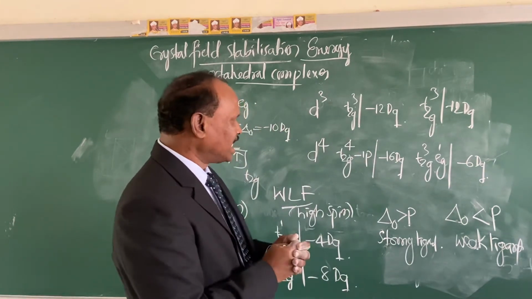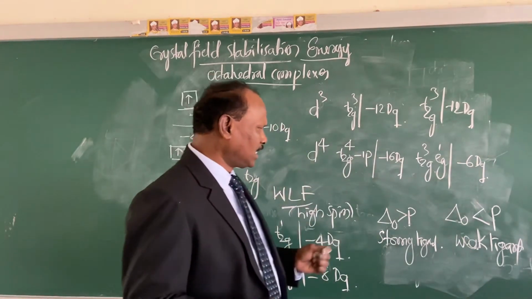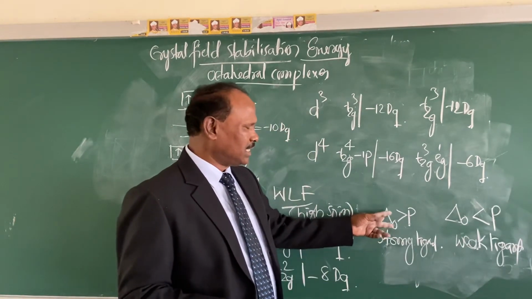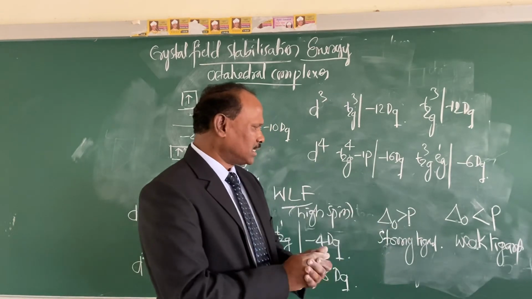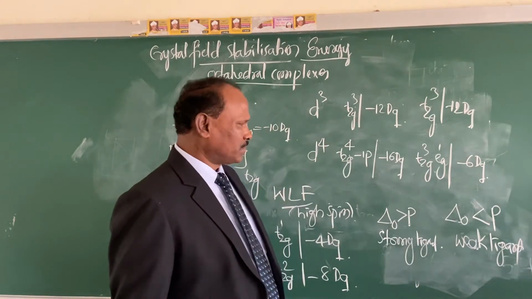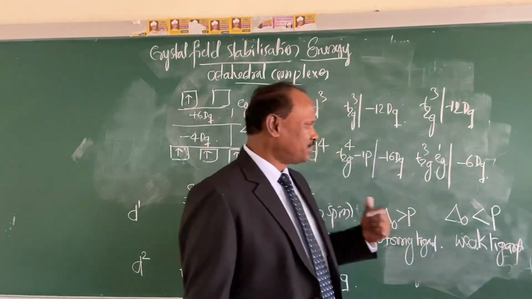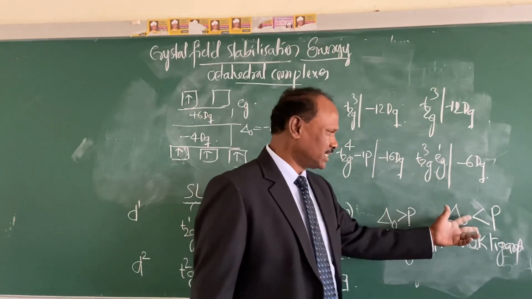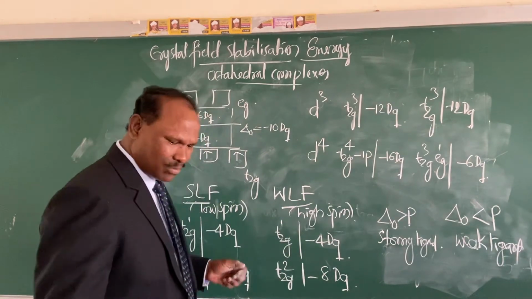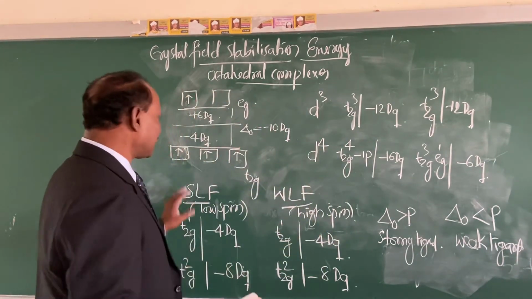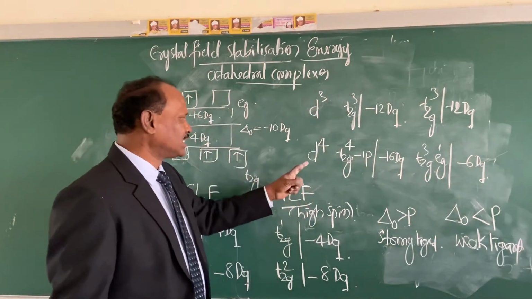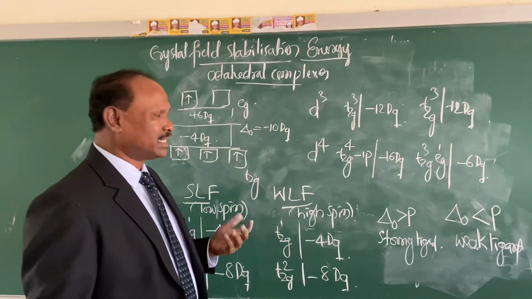So what is a strong ligand according to the crystal field theory? If the crystal field stabilization energy is greater than the pairing energy, then the ligand is said to be a strong ligand. The ligand is said to be a weak ligand if the crystal field stabilization energy is less than the pairing energy. So this is how we will calculate the crystal field stabilization energies, right? You can continue for calculating d5, d6 up to d10, right?